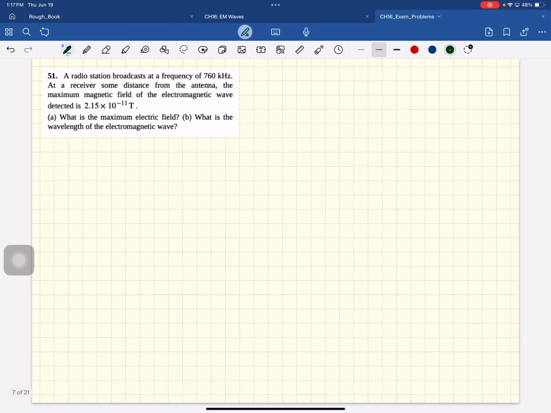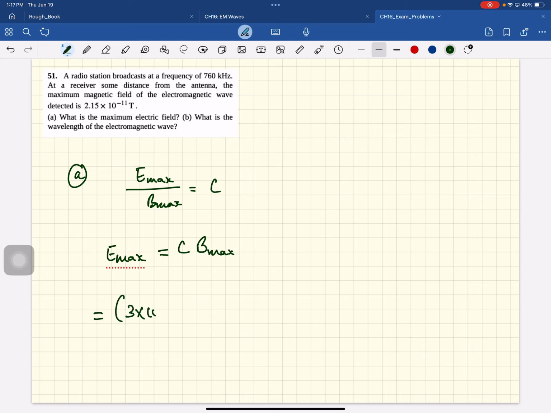Field is detected. What is the maximum electric field strength? Okay. So remember, E max divided by B max equals c. So E max is c times B max. 3 times 10 to the 8 meters per second times 2.15 times 10 to the minus 11 Tesla.